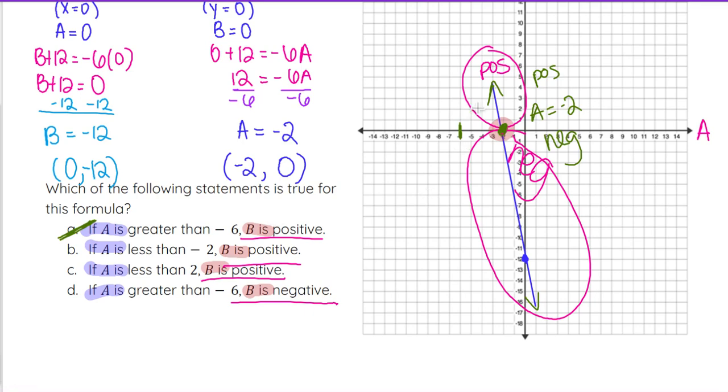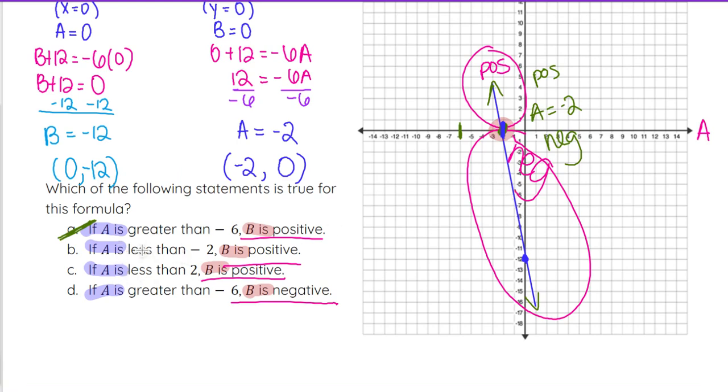If A is less than -2, so now we're looking at -2, which is this x-intercept or a-intercept along that horizontal line, that is the point where it changes from positive B values before that, or lower than -2. To the left of -2, we have positive B values, whereas to the right of -2, as we're going right, it's going down, which is the negative values on that B axis.